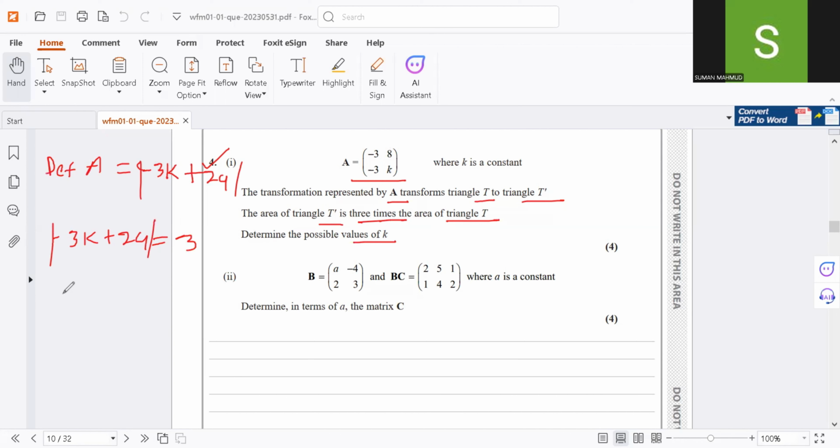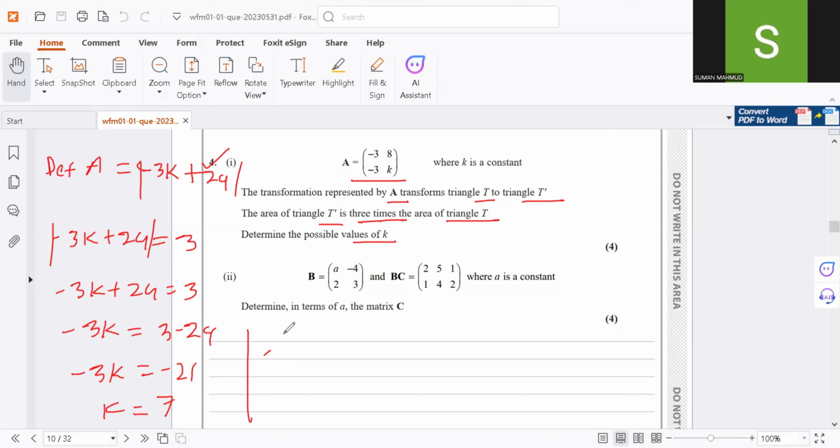At first we consider the positive case: minus 3k plus 24 equals 3, then minus 3k equals 3 minus 24, so minus 3k equals minus 21, and k equals 7.